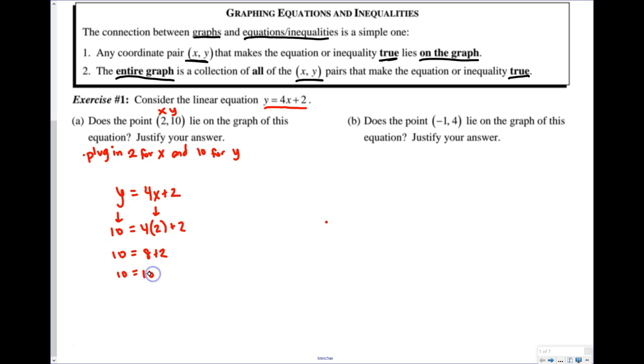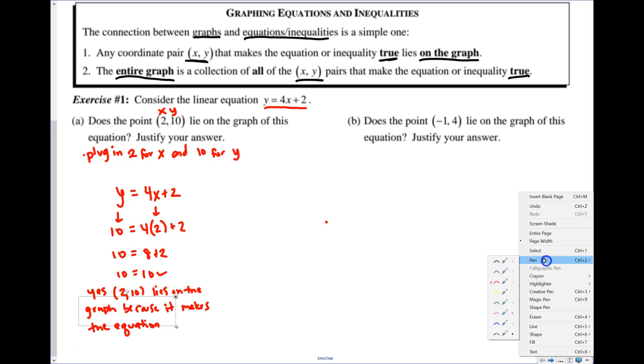So this point does lie on the graph. Yes, (2, 10) lies on the graph because it makes the equation true. I got 10 on both sides when I put in the two values for x and y.